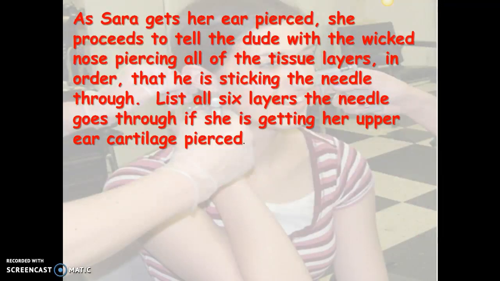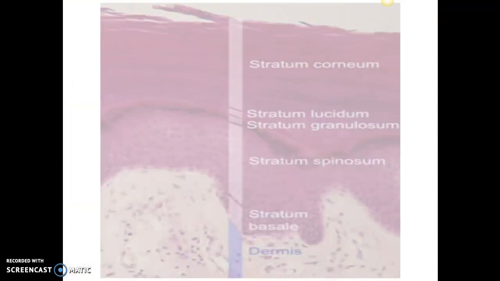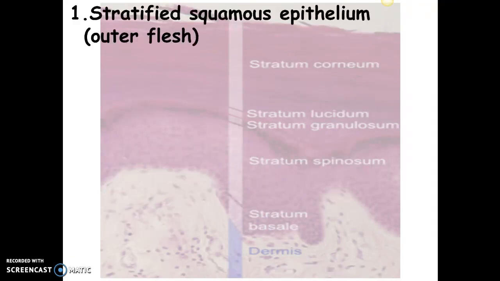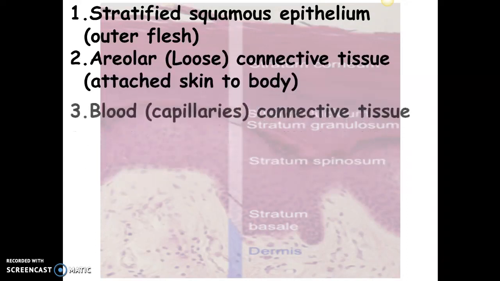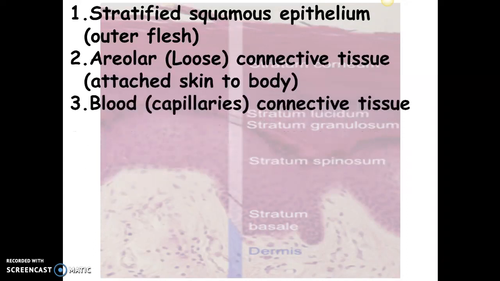So the story gets very apparent. She proceeds to tell the dude at the wig and nose piercing all the tissue layers it's going through in order. So the first layer would be your stratified squamous epithelium. Looks like that under the microscope. Stratified squamous epithelium. Boom. Underneath that, you've got connective tissue and blood. So loose connective tissue and blood, they're kind of tied for second place because they feed.